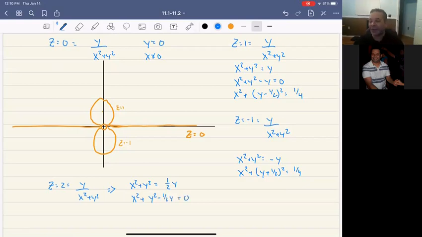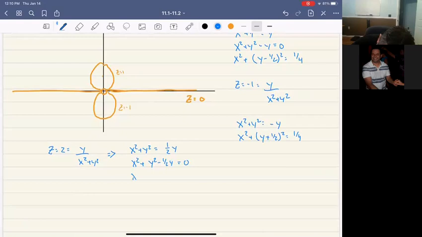Half of that is 1/4, so it's going to be x squared plus y minus 1/4 squared equals 1/16. So it's going to be a circle, let's say like so.